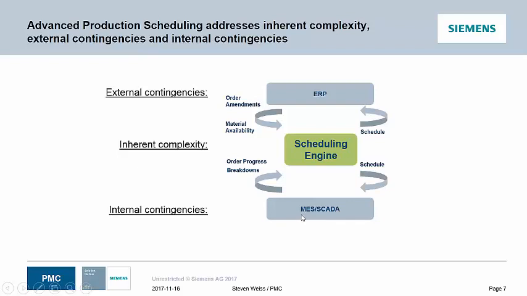Sometimes these are manufacturing execution systems or SCADA systems, but the information from these needs to feed back into the scheduling engine and in turn be reflected in the next iteration of the schedule that is released to the shop floor.